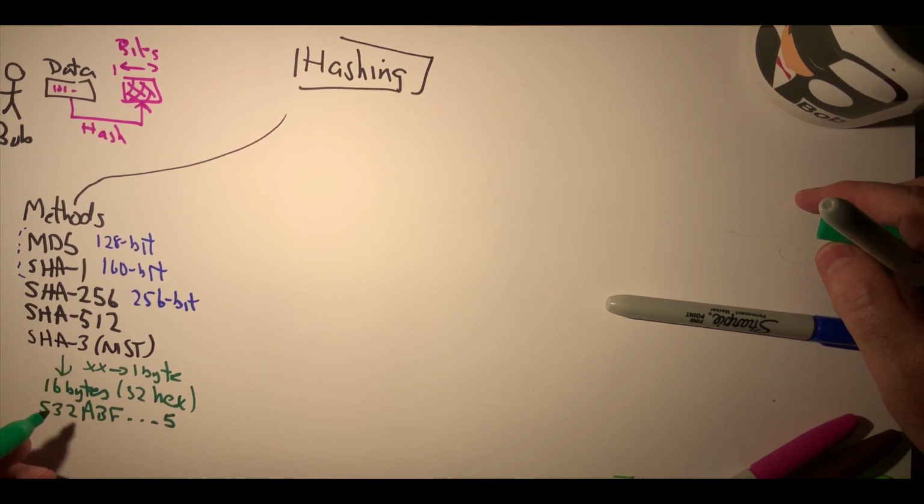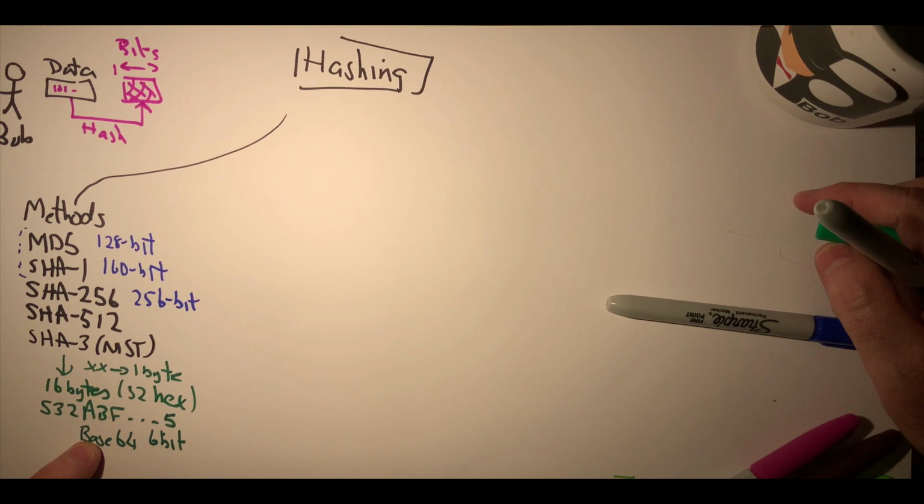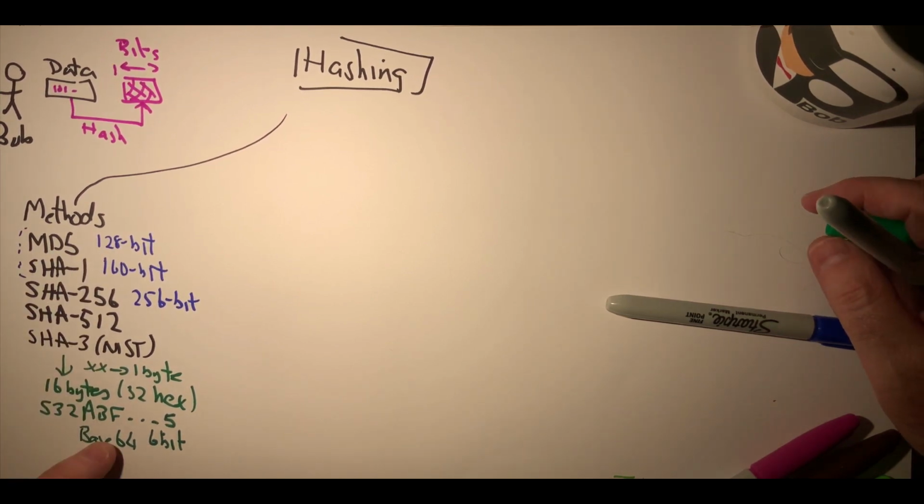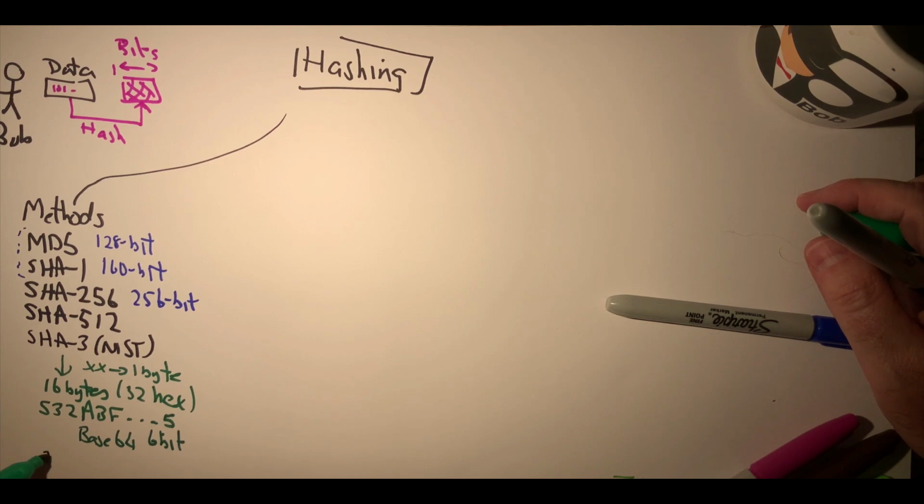The other format that we use is base 64. In base 64, we use 6 bits per base 64 character. So if we divide 128 by 6, then we get 22 base 64 characters.